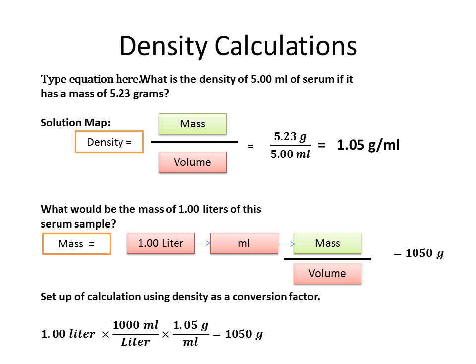The setup looks like this: 1 liter times 1,000 milliliters per liter times 1.05 grams per milliliter, which is the density that we have already received from up here. And the calculation then gives us 1,050 grams as the mass.